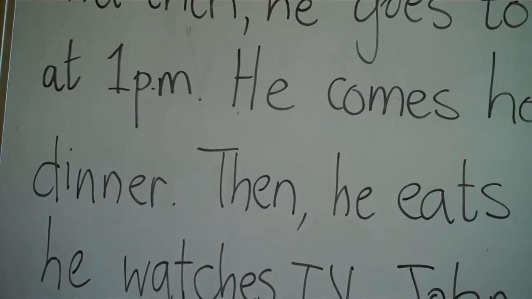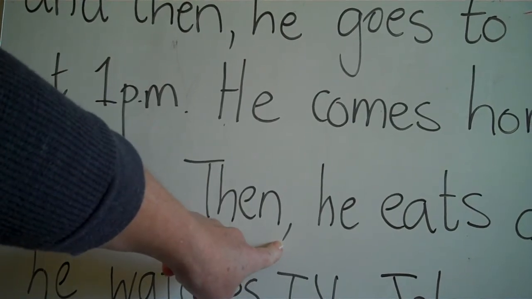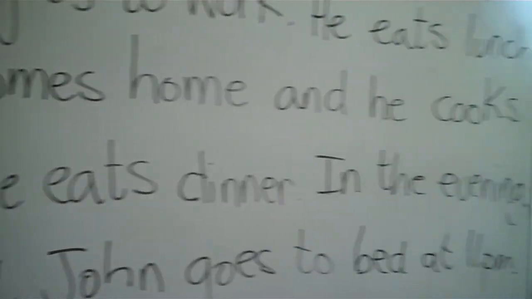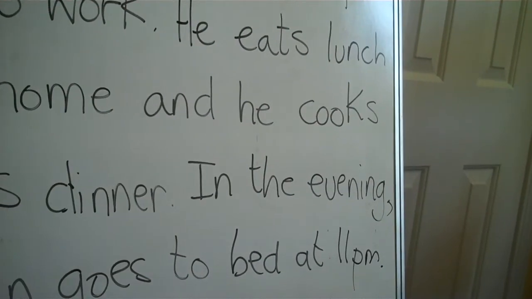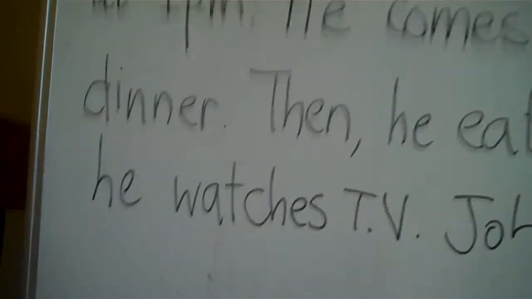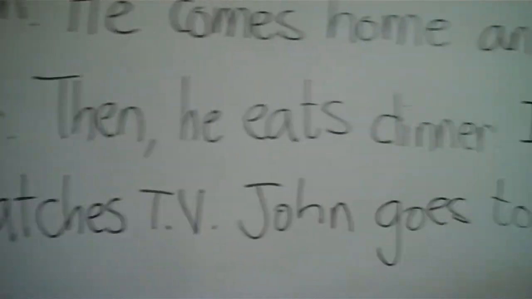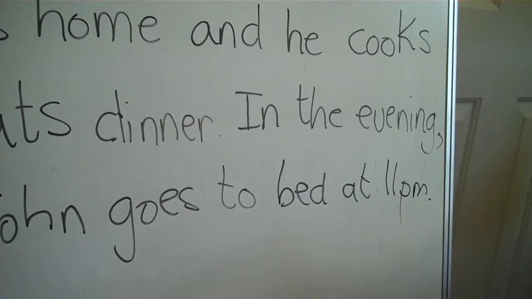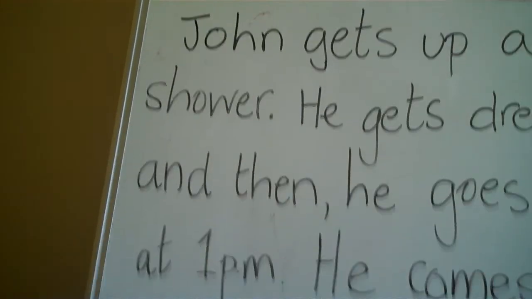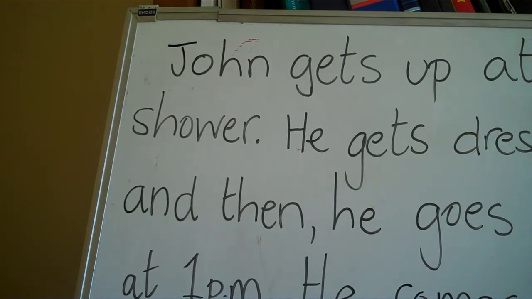Then, comma, that's our comma here, then he eats dinner. In the evening, and I don't know if you can see that's a comma right there, he watches TV. That's a period. John goes to bed at 11 p.m. So there is our paragraph, and it looks more interesting than just our sentences.